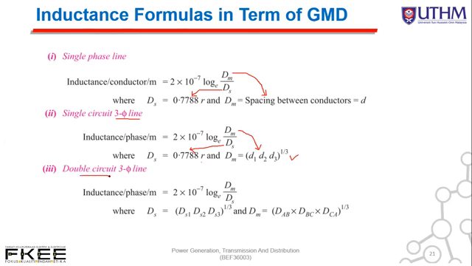While for the double circuit 3-phase line, the inductance per phase per meter is 2 times 10 to the power of -7 log exponent dm over ds, where ds is the cube root of ds1 times ds2 times ds3, and dm is the cube root of DAB, DBC, and DCA.